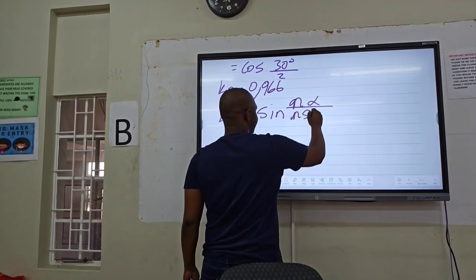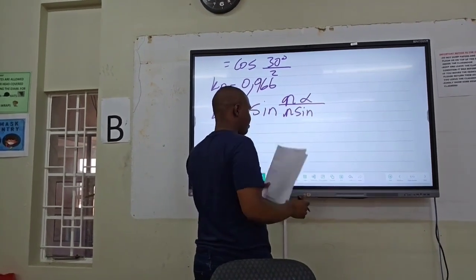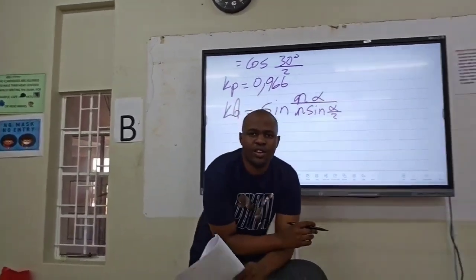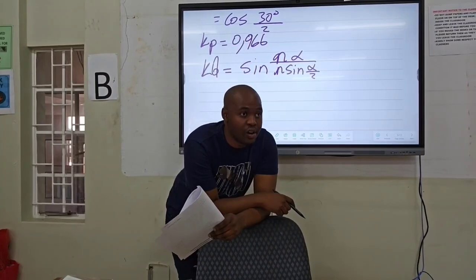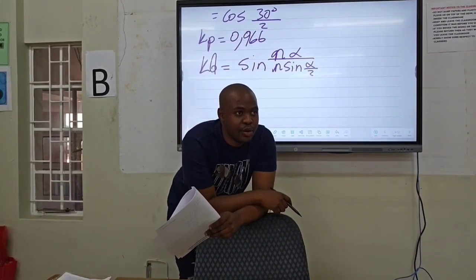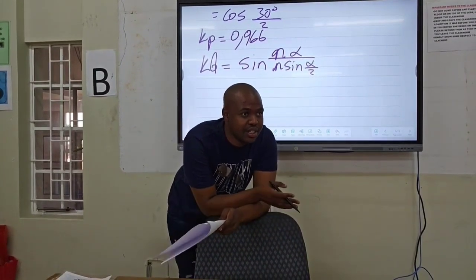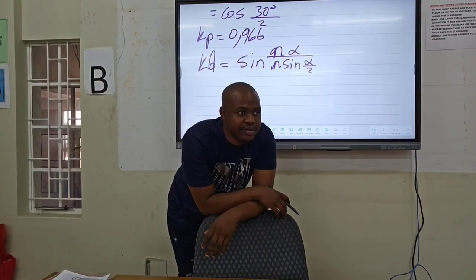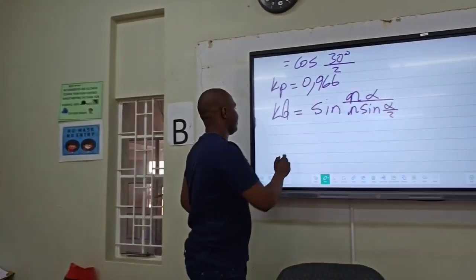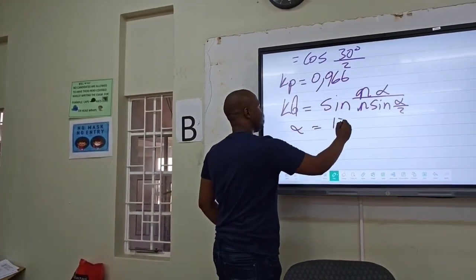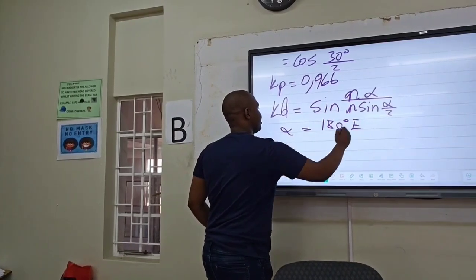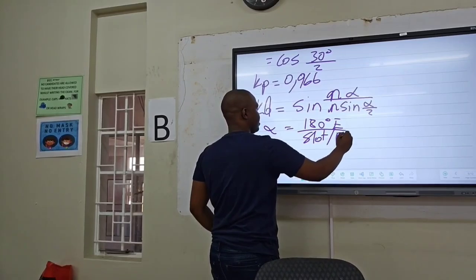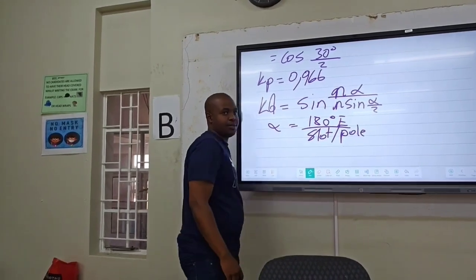In place of alpha, we use the slot pitch angle. How do we find alpha? It is 180 electrical degrees over the slots per pole.